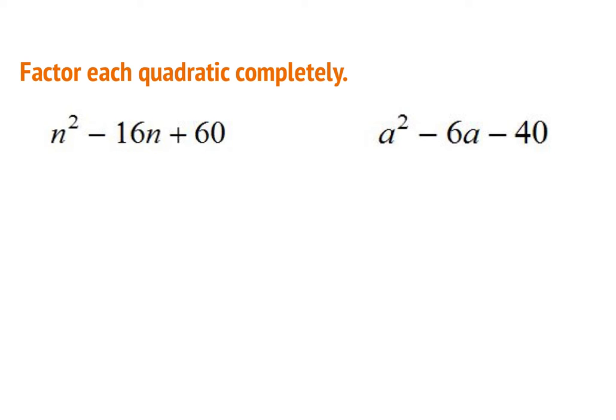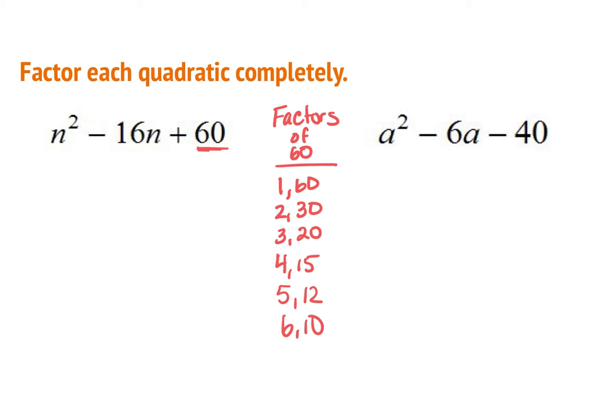So again, list the factors of your constant, so factors of 60. Those are all the factors of 60. But now they have to add up to give me a negative 16. So I have to be careful because now I have to take into account positive and negative numbers as well.